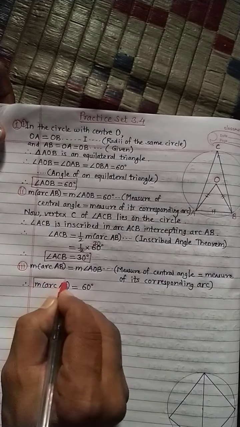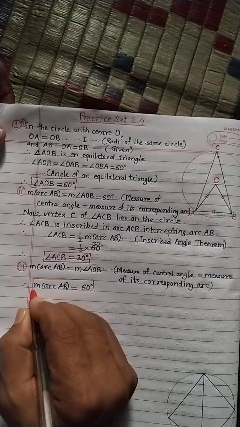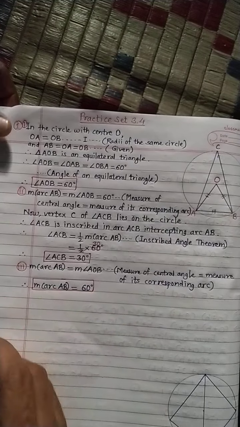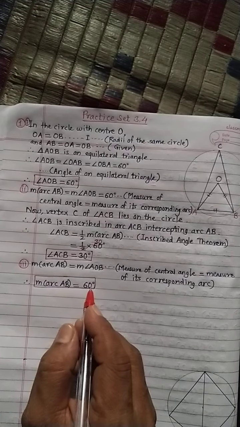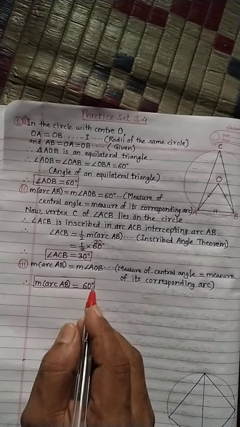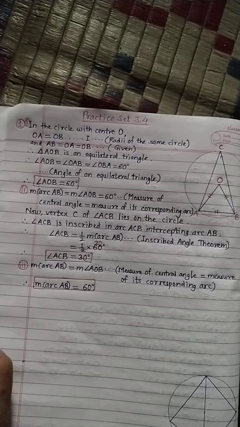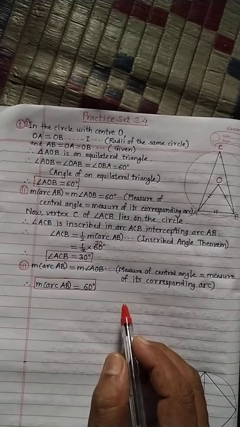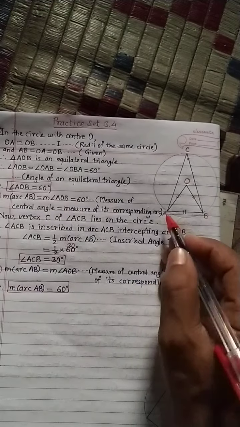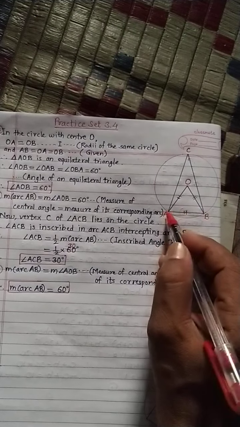So here our third sub question is completed. That means measure of arc AB is equal to 60 degree. Okay, now I have to find out the measure of arc ACB.